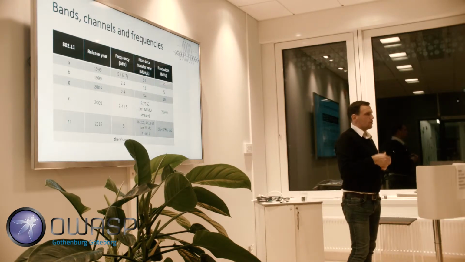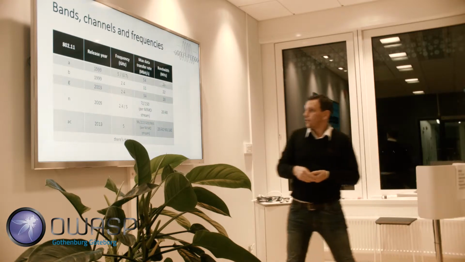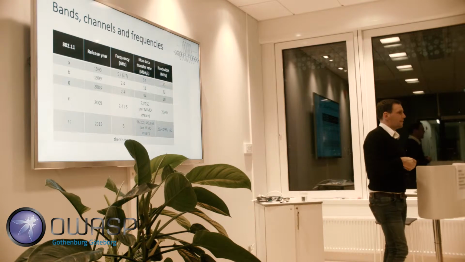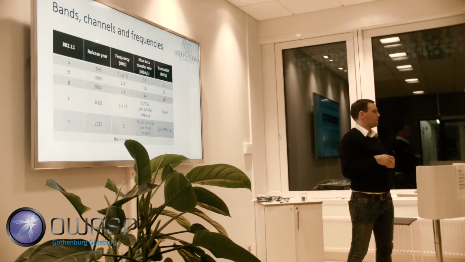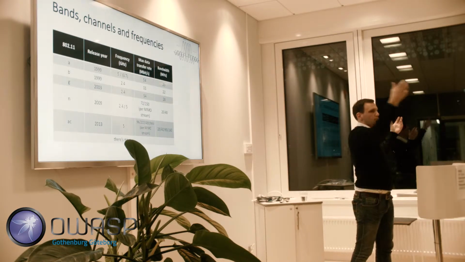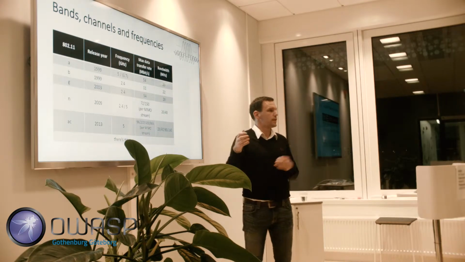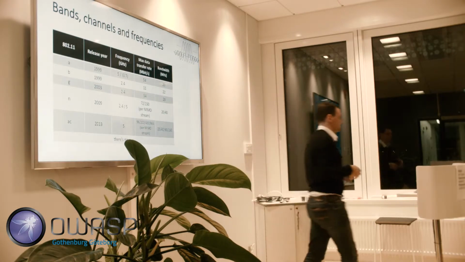The only 3 channels that do not overlap with each other are channel 1, 6, and 11. So if you experience some instability with your Wi-Fi network at home, you can check what your neighbors' access points are running and try to switch to another channel as far away from your neighbors as possible.